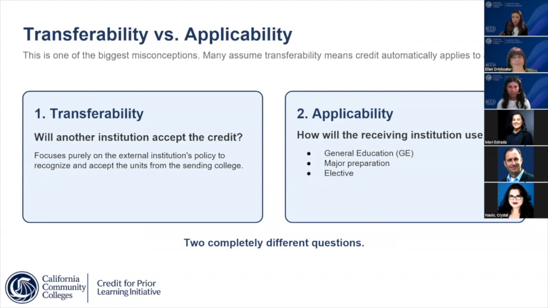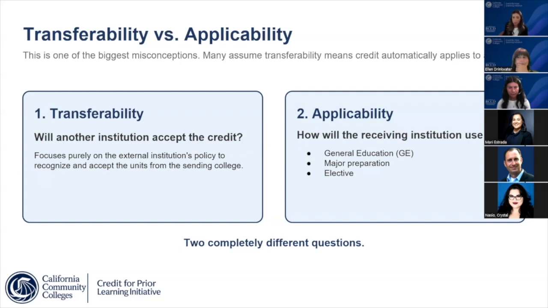These are two different questions. Transferability simply asks, will this institution accept the CPL? It doesn't tell us necessarily how the credit is used, only that the receiving institution recognizes those units awarded by the California Community College. Now, when we're thinking of applicability, that's going to tell us exactly how the CPL can apply to the student's program.